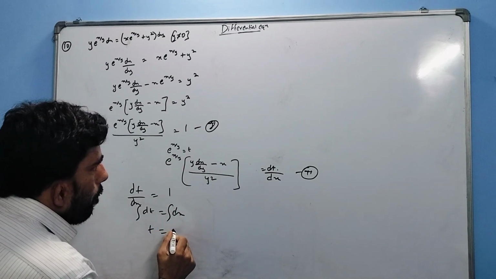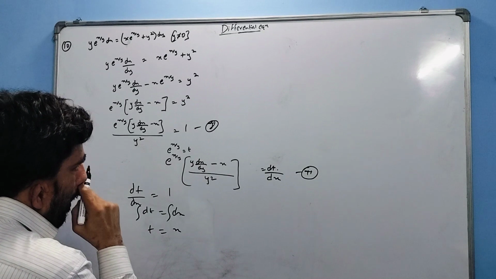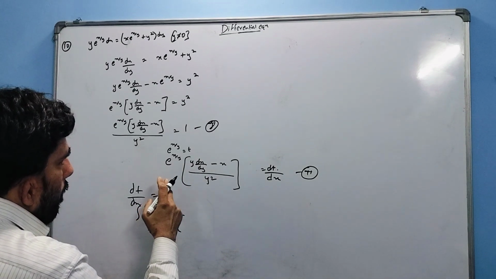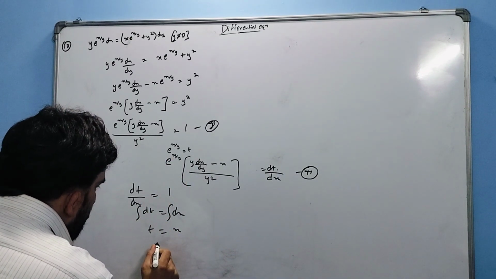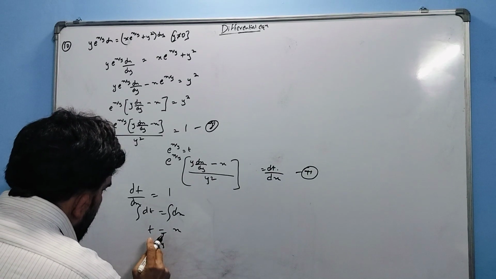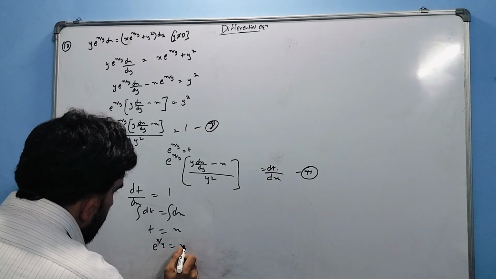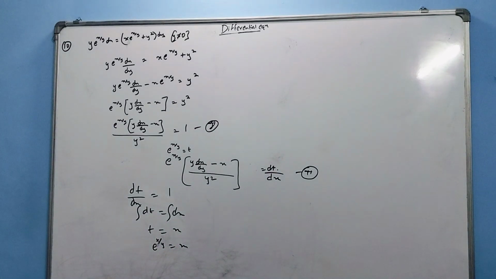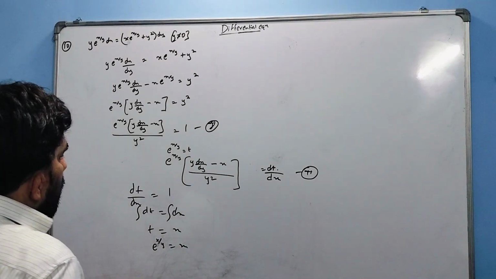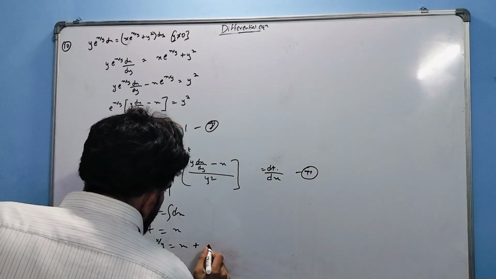Now what is t that I have taken here? t I have taken as e raised to the power x upon y. So e raised to the power x upon y is equal to x. Now this is the required equation. So we got this. Now this is the required solution of the equation.